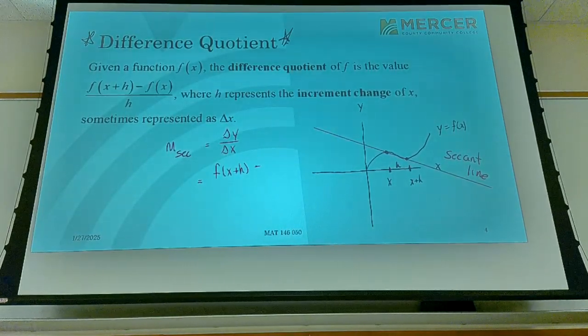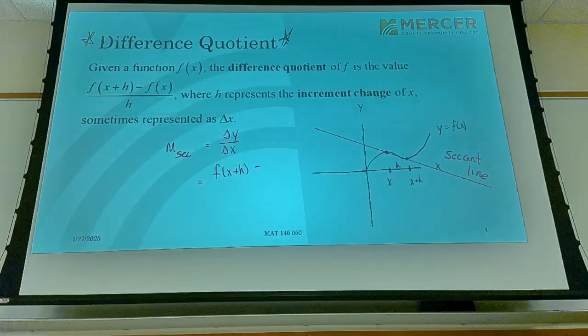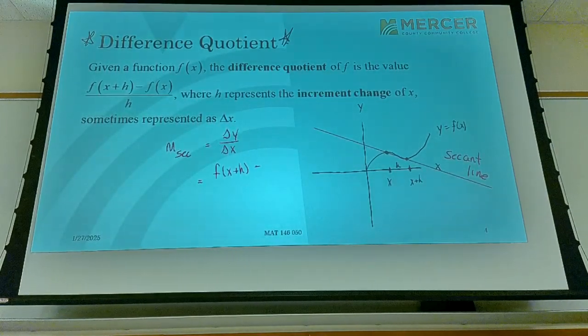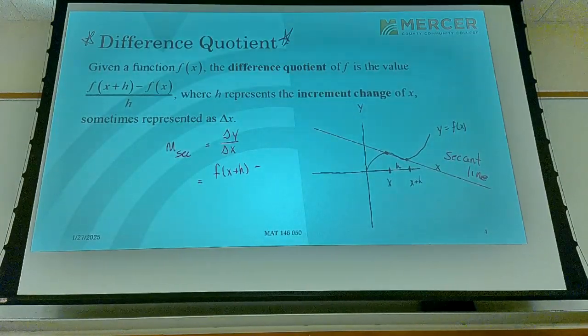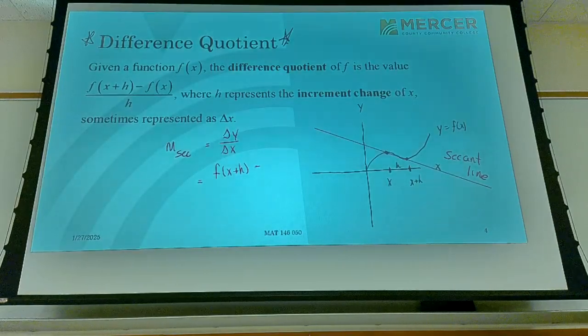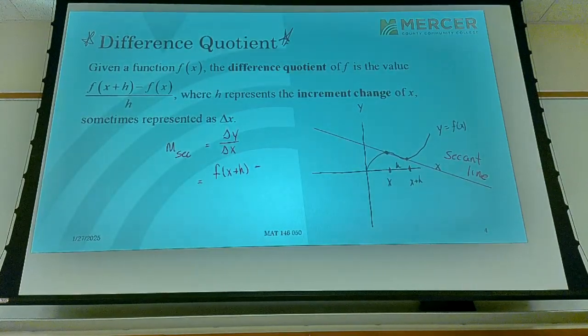Again, it'd be f of whatever that point is, right? X coordinate of your final point: x plus h, minus the x coordinate of the initial point.